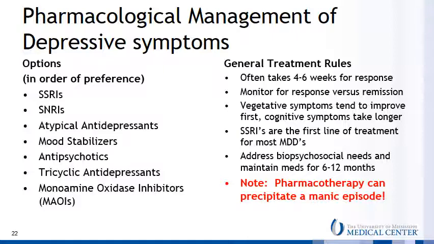Moreover, they can do so at any time during treatment, so even if a patient does not display hypomania or mania in the first few weeks, that does not mean they may not months into treatment. So vigilance and monitoring is very important.